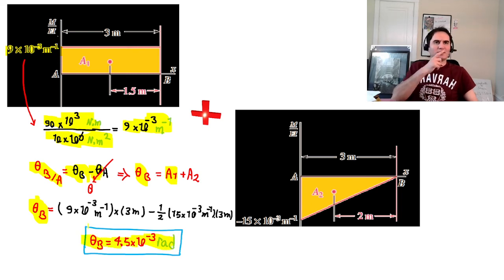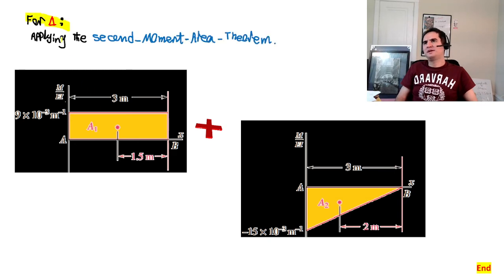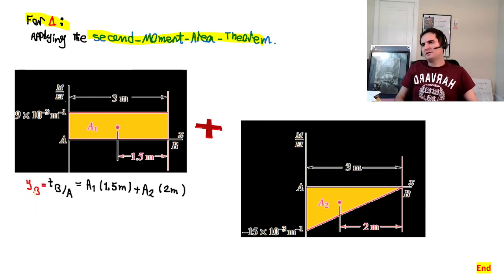And the other part is if you want to know what the delta maximum is. For delta, we need to apply the second moment area theorem. It says y at B is the tangent of B with respect to A, and that's nothing but area 1 times its centroid distance.